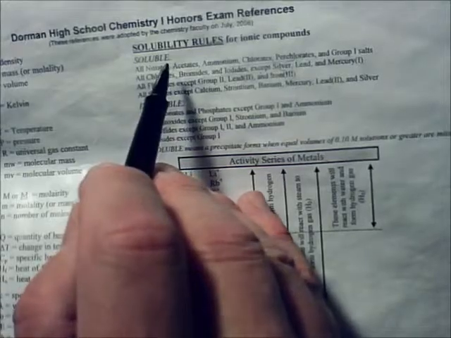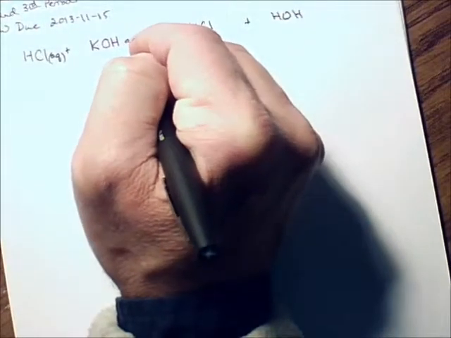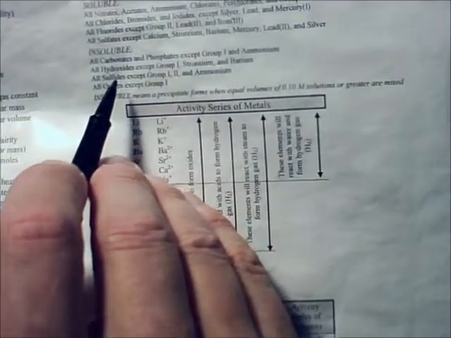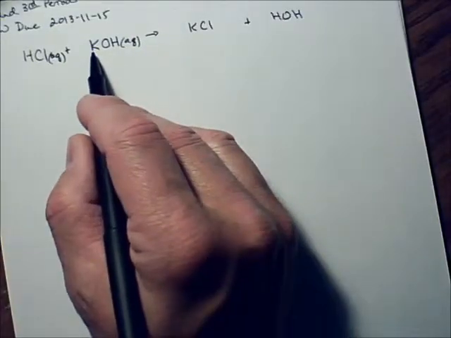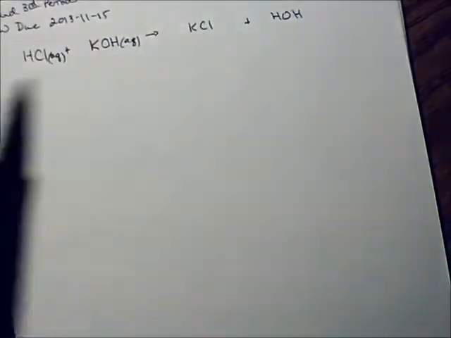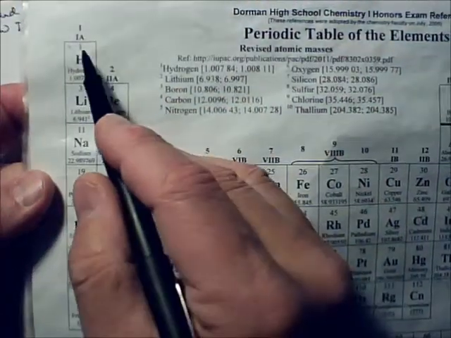Means if there's water around, it will be dissolved. So this is going to be aqueous. It also says down here under hydroxides that all hydroxides are insoluble unless they're bonded with group 1. So this is bonded with group 1. Potassium is in group 1. Group 1 just means it's one of the alkali metals here, or hydrogen. So it's going to be aqueous.